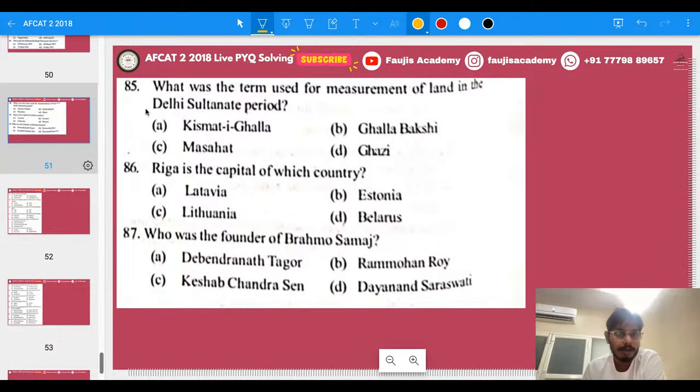What was the term used for the measurement of land in the Delhi Sultanate period?